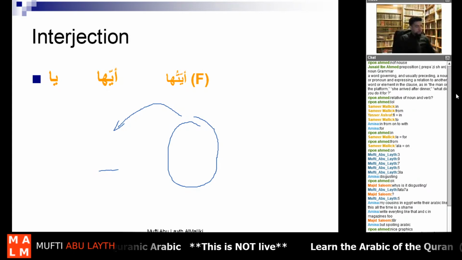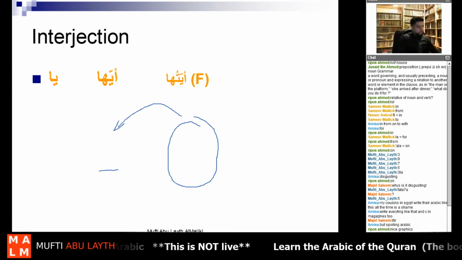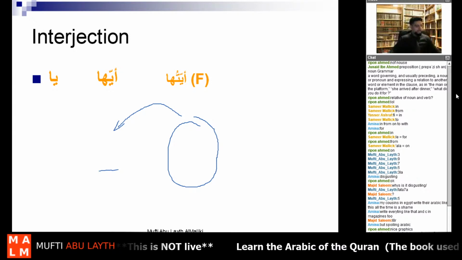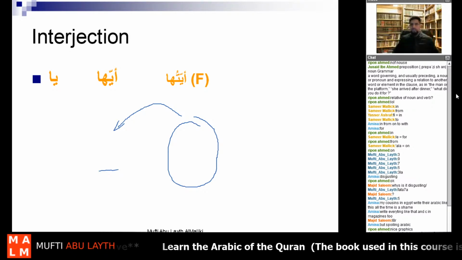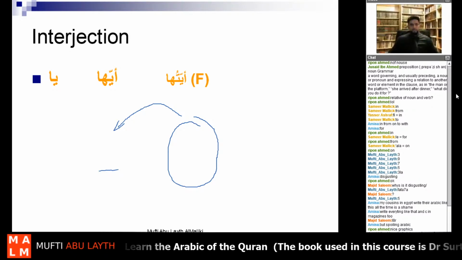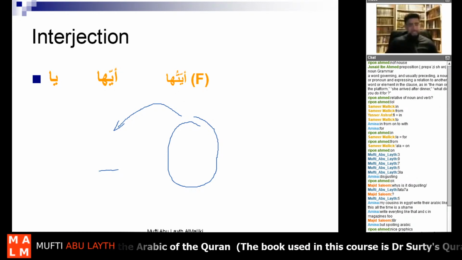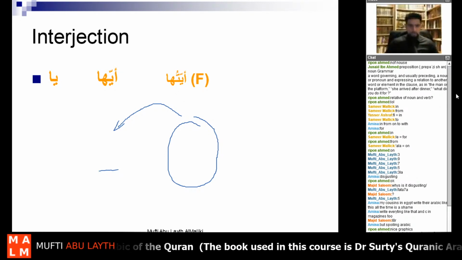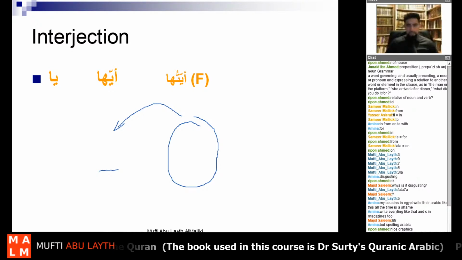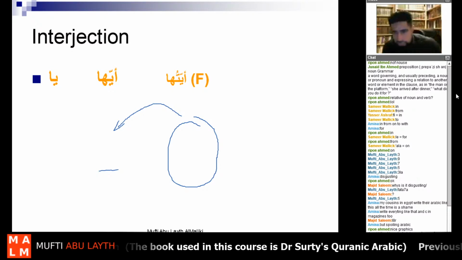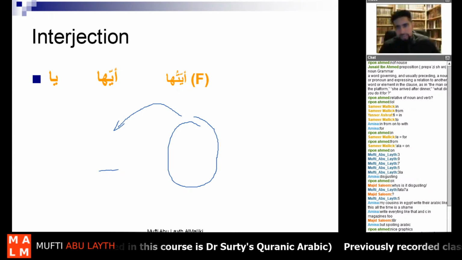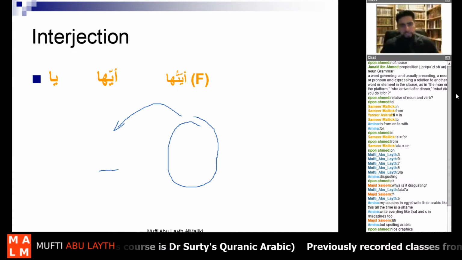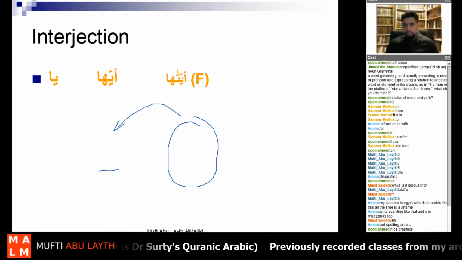But if you turn the page to 148, number 17, he says, min baytin ila masjidin, which means from a house to a mosque. What does al-jar mean? Al-jar means to drag or to pull, and that's what the harf al-jar, the preposition, does. It pulls the letter after it, pulls the vowel and turns it into a kasra.